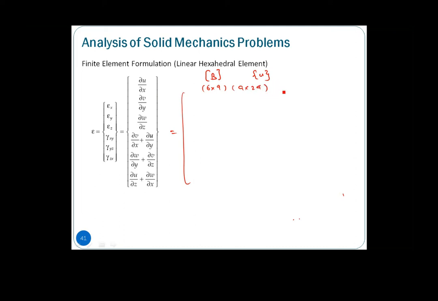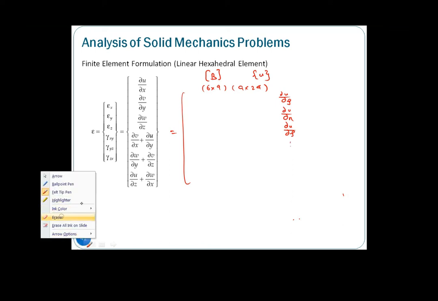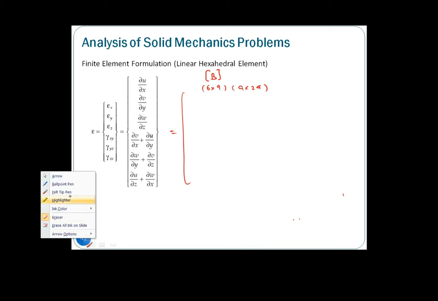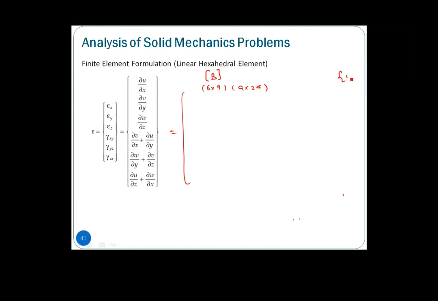Okay, so we have del U, del psi, del U, del eta, del U, del zeta. This B itself multiplied with U basically gives us 12.